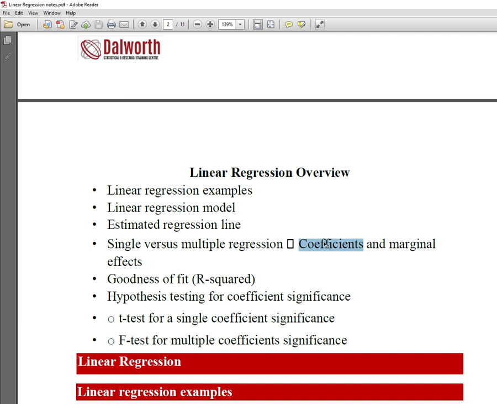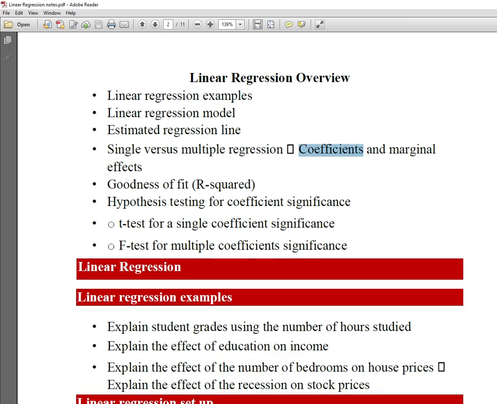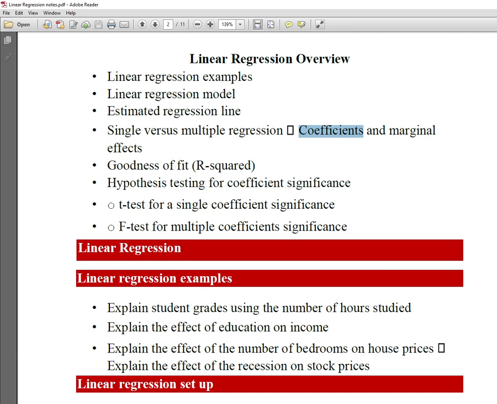Of course, we'll also need to understand the rules and thresholds for R squared, and what the T-test and F-test are. So let's talk about examples of regression analysis. For instance, if you want to understand how the number of hours a student dedicates to studying affects their grade.